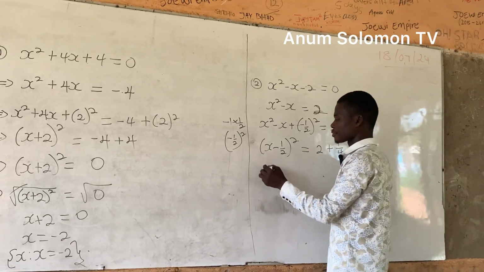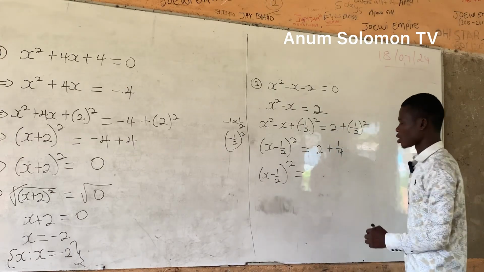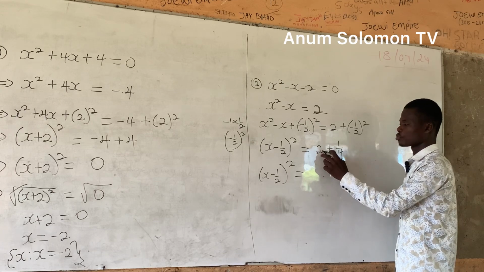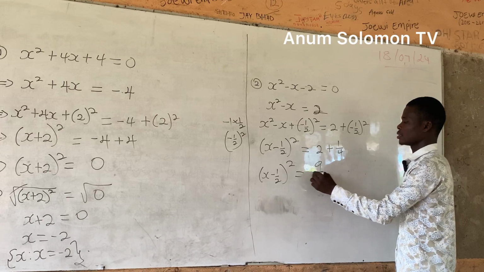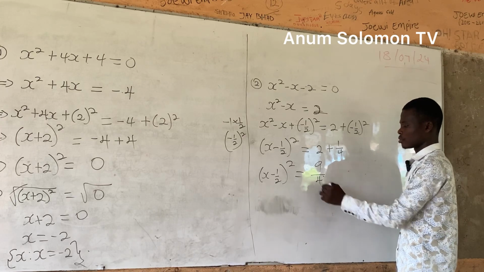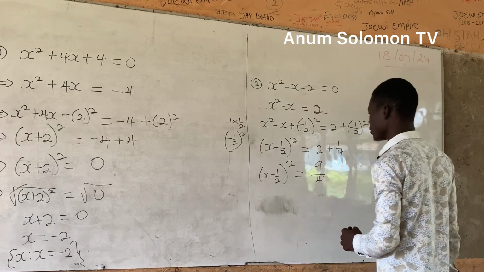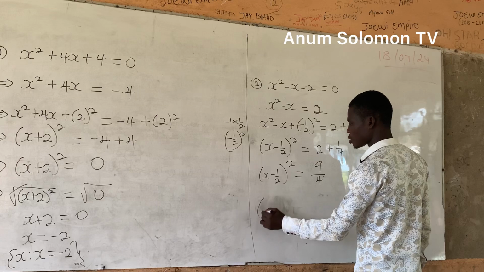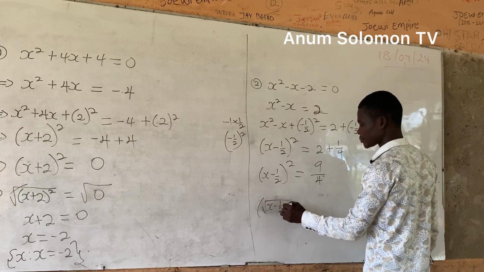So meaning we have s minus 1/2 all squared is equal to 4 times 2 is 8, plus 1, that's 9 all over 4. On this note, we have to take the square root on both sides for us to get the value of s.